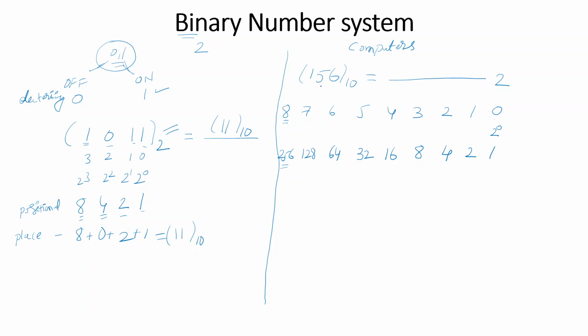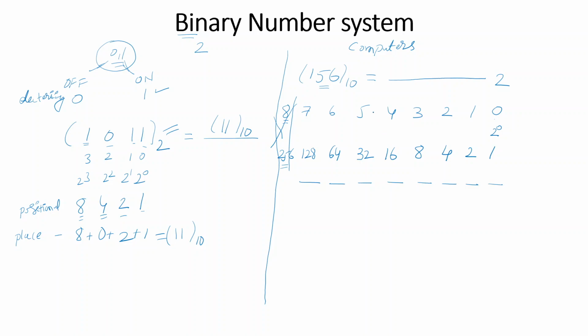Why? Because I need to convert the number 156 into a binary number, but 256 is larger than 156. So I will not go to this 9th place. I can simply go with these 8 numbers, because 256 is not necessary.